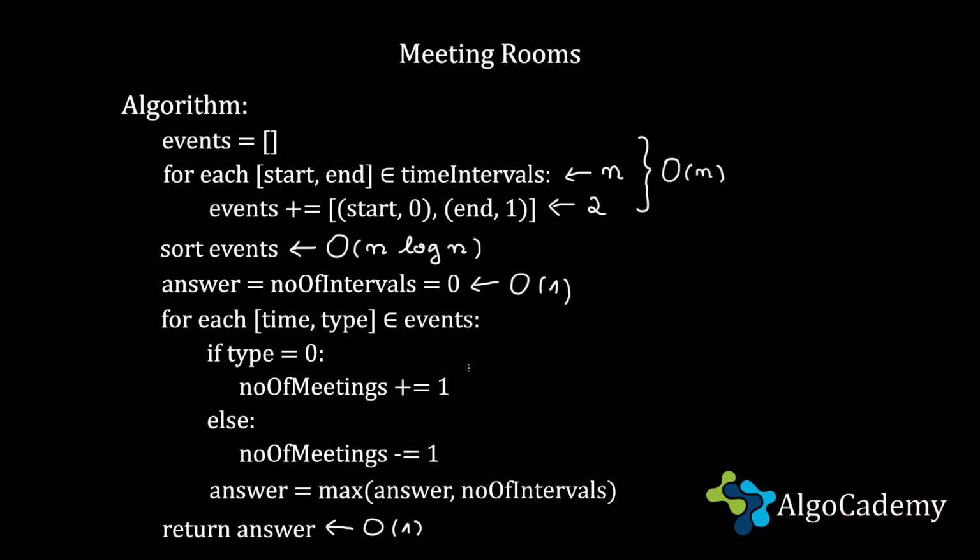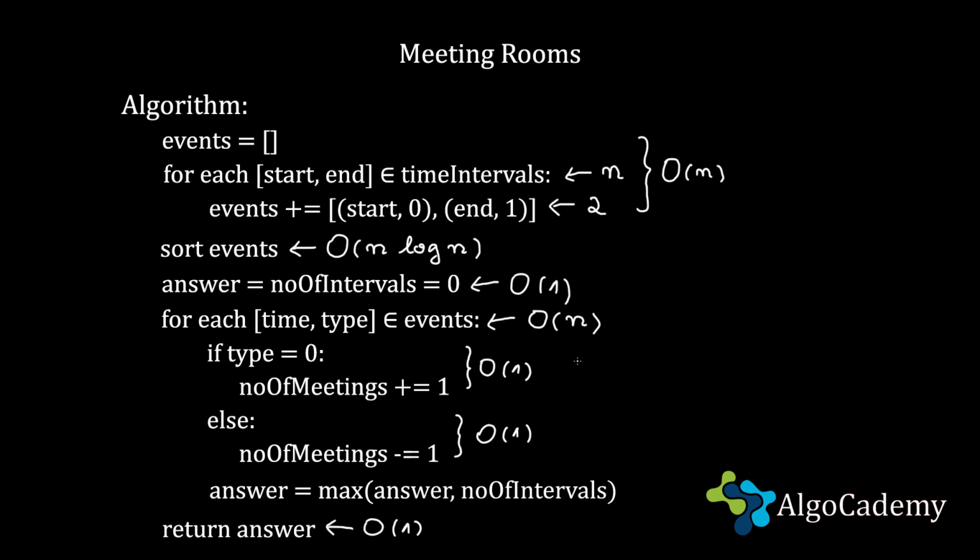And in each of these scenarios, whether it's the if statement or the else one, we just have an addition or a decreasing operation. So of course, constant time. And yeah, the only question is how many iterations does the for loop make? And of course, it is equal to the number of events, which is 2 times n, but ignoring the constants here, we have a big O of n from here, right?